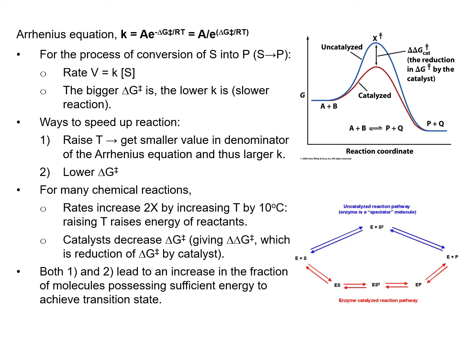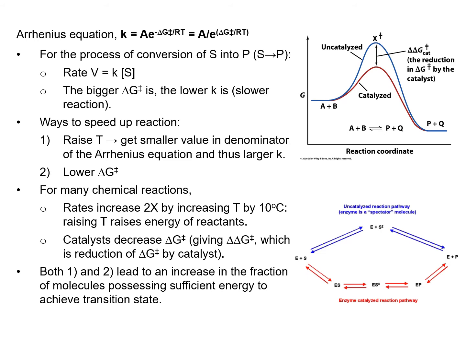And the difference between the uncatalyzed reaction's delta G double dagger and the catalyzed delta G double dagger would be delta G double dagger, and sometimes you put cat for catalysis here too, but it can be omitted.